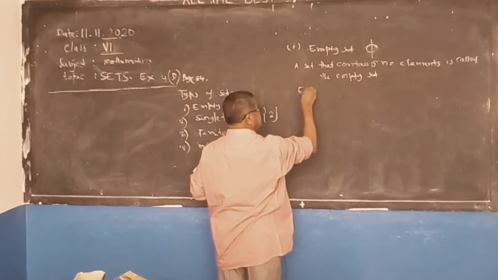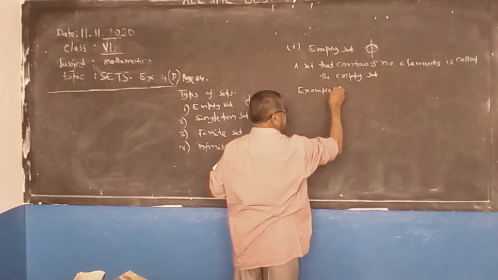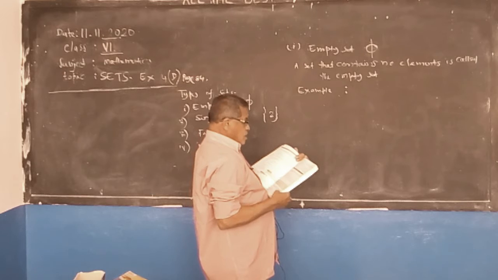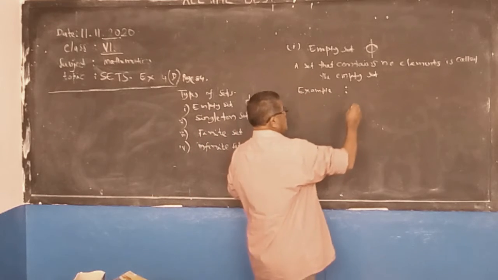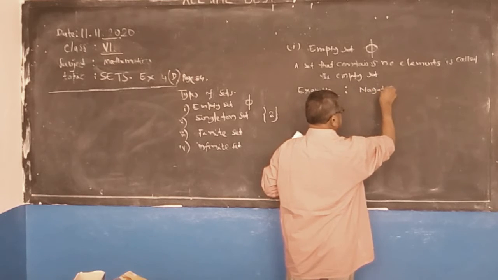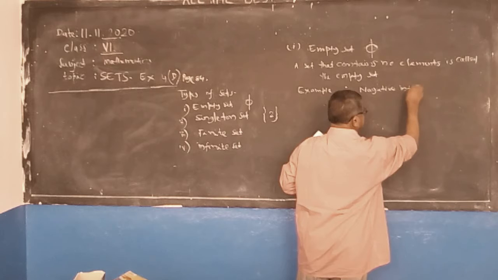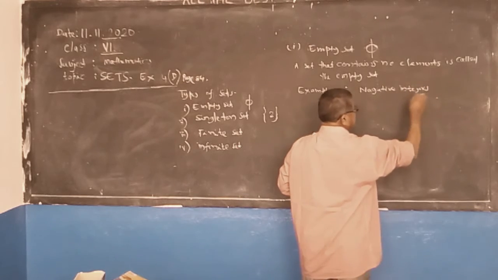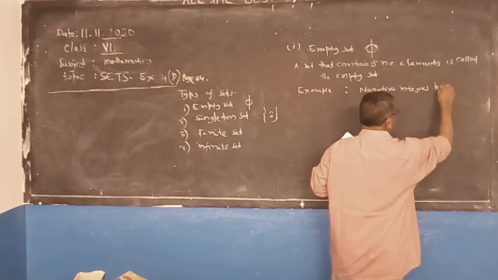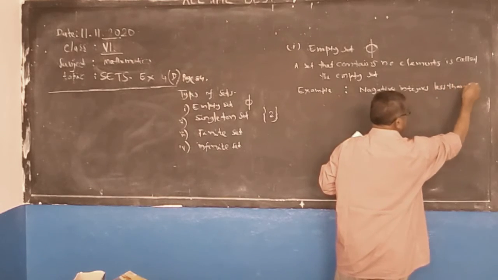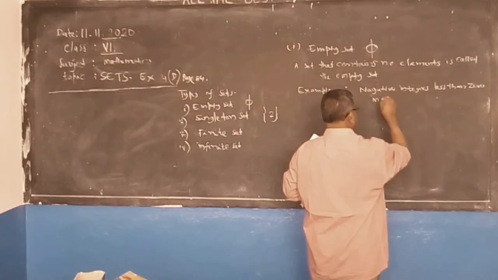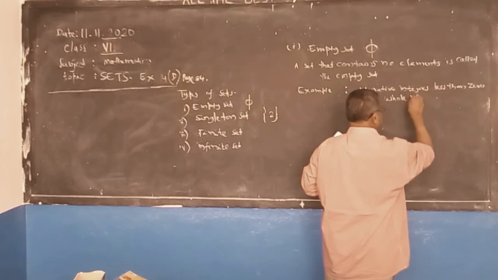Example: negative numbers, negative integers, less than 0 in whole numbers.